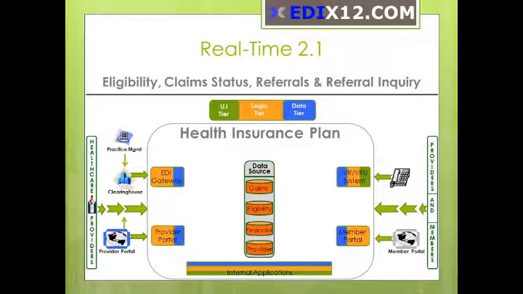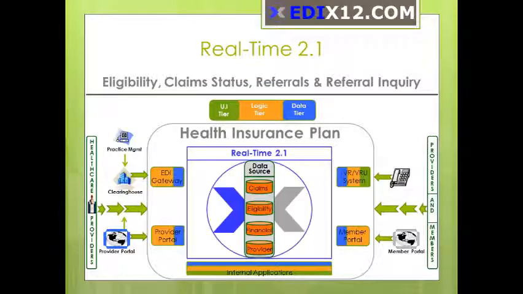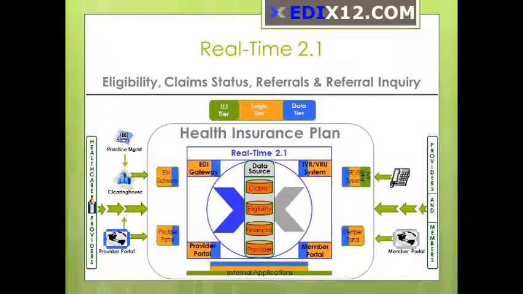First, we build the Real-Time 2.1 private cloud surrounding the data source model. Then we install pre-built configurable services which inherit the data tier of the existing system and eliminate the logical tier.